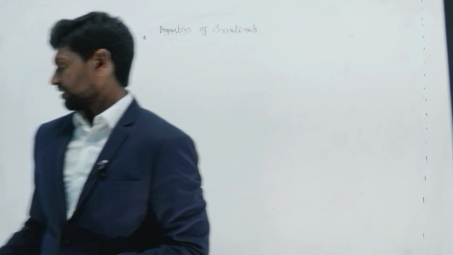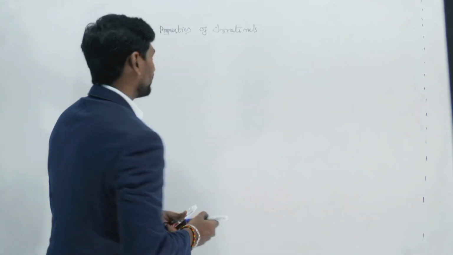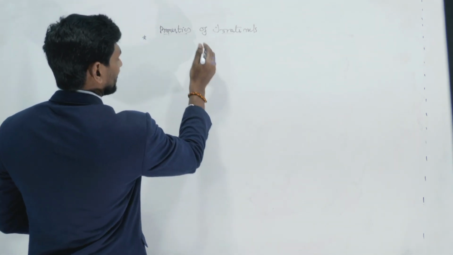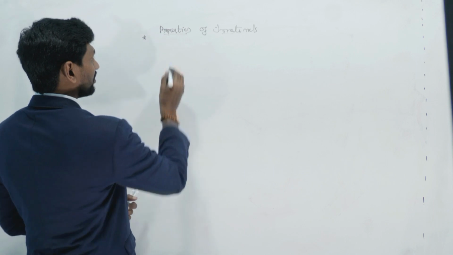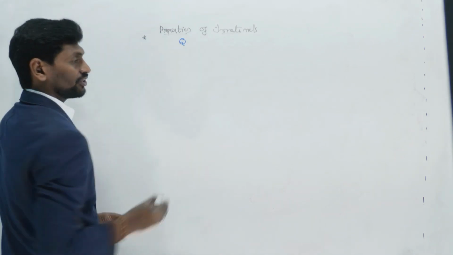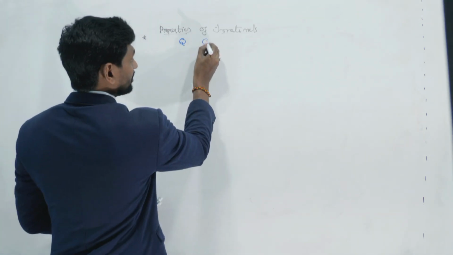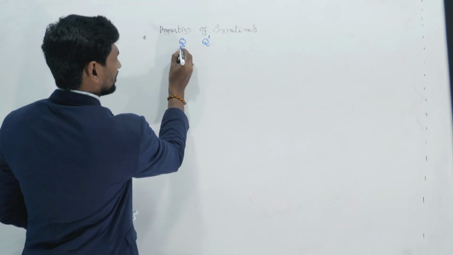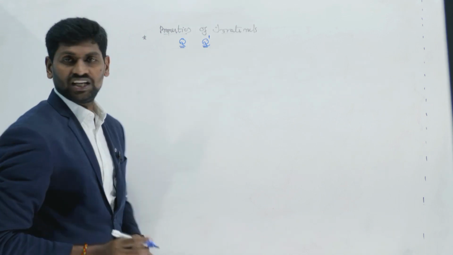From this we can say that if you are taking one rational and one irrational number, rational numbers are represented with the letter Q, and irrational numbers are represented with the letter Q dash. I am taking one number rational, one number irrational.